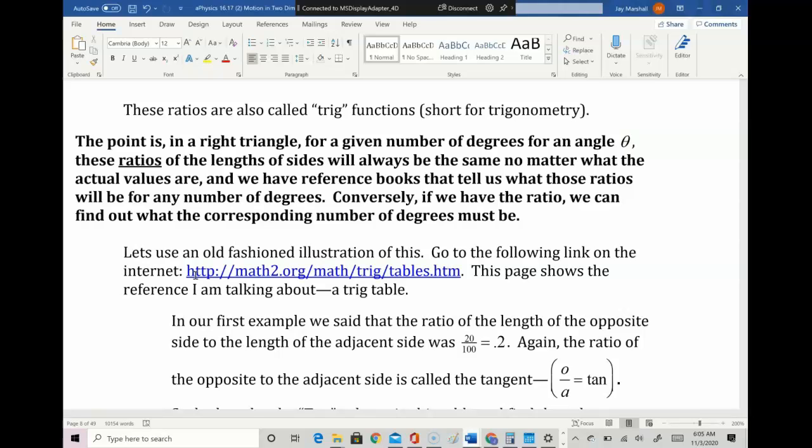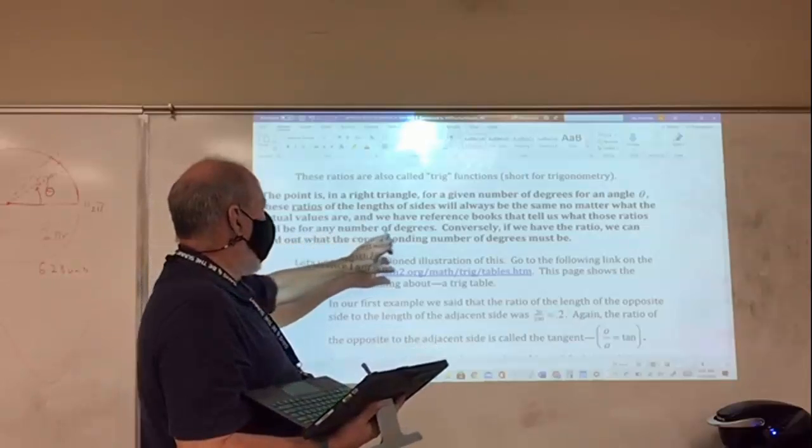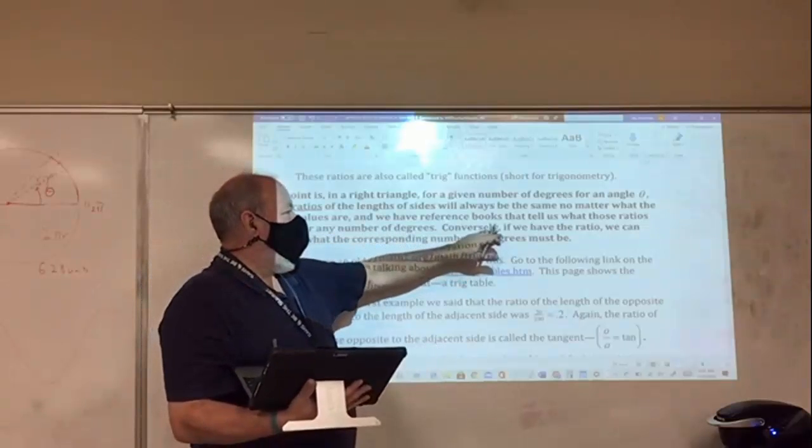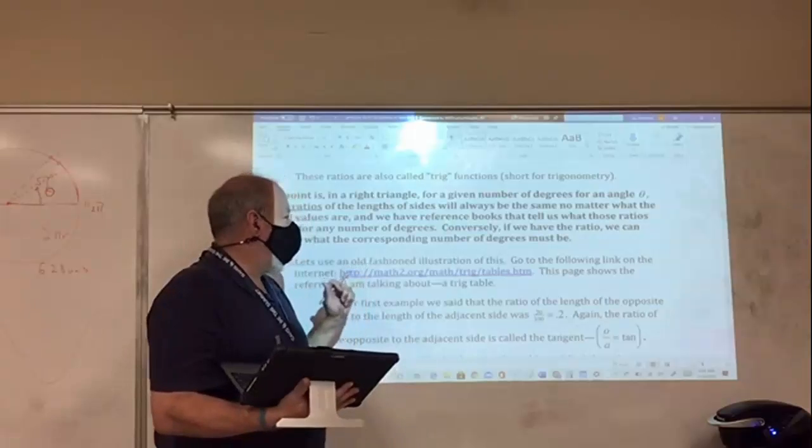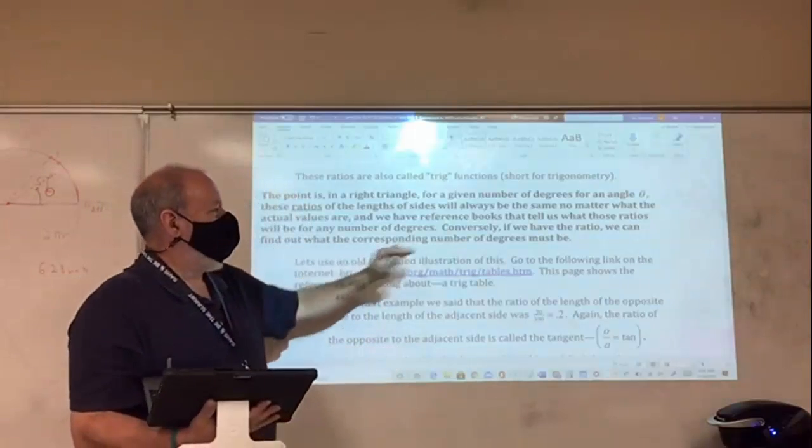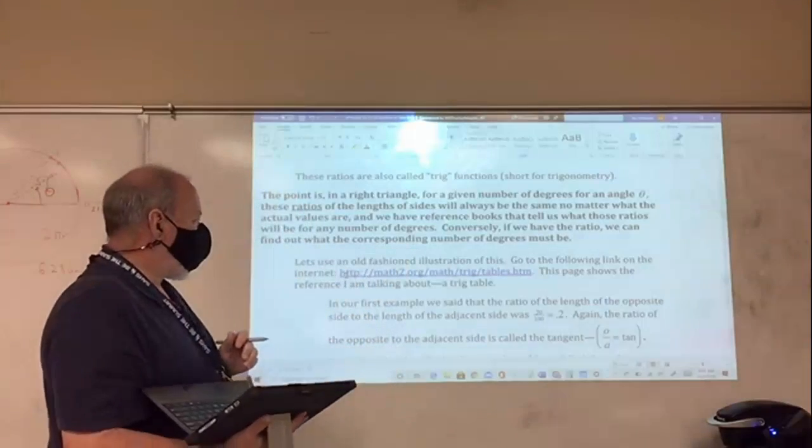The point is, in a right triangle, for a given number of degrees for an angle theta, these ratios of the lengths of sides will always be the same no matter what the actual values of the lengths of the sides are. And we have reference books that tell us what these ratios will be for any number of degrees. Or if we have the ratio, we can find out what the corresponding number of degrees must be.